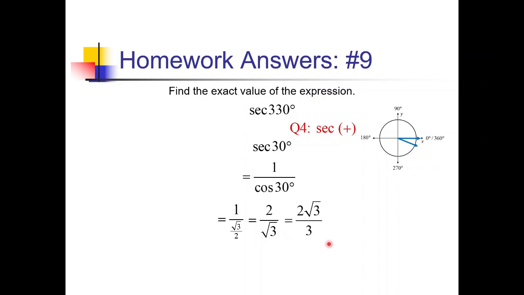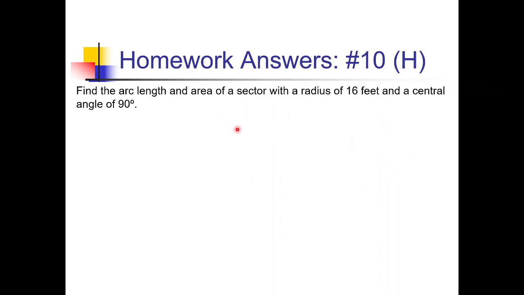For this problem, which is on the honors version of the review guide, we're trying to find the arc length and area of a sector that has a radius of 16 feet and a central angle of 90 degrees. Now this one we can do with just a couple of formulas. For arc length, you might remember the formula is going to be r times theta, r times the angle.